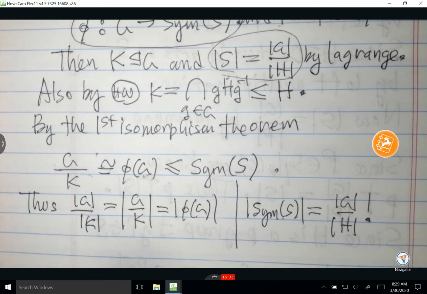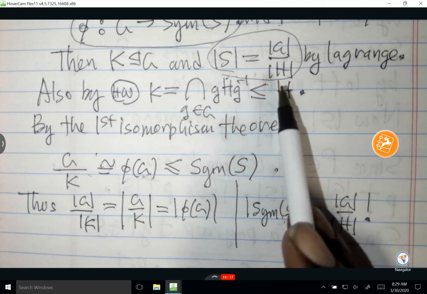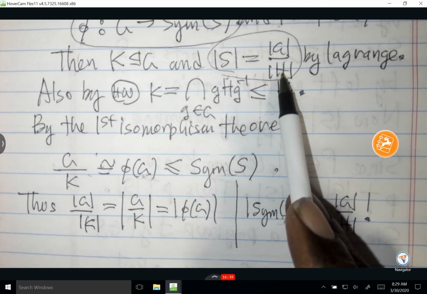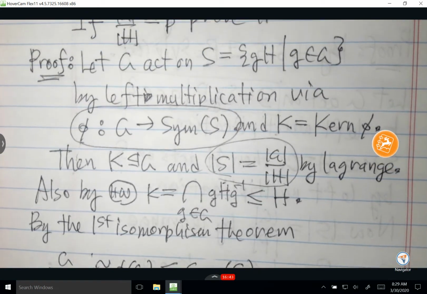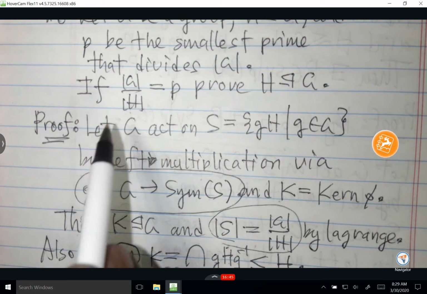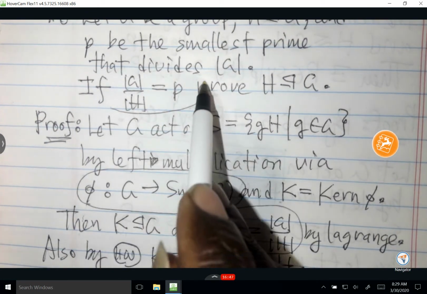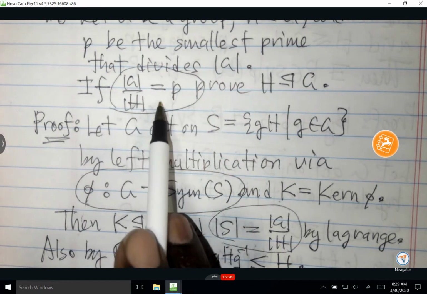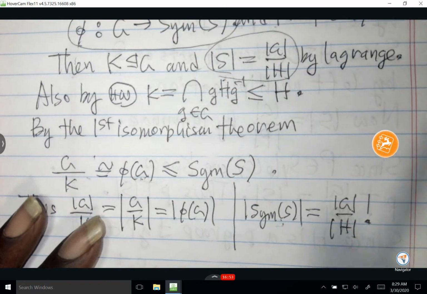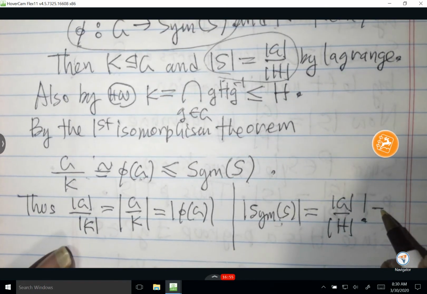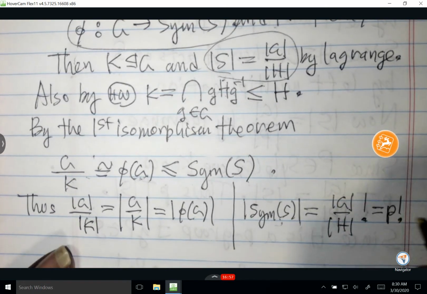Just like the order of Sn has n factorial. The order of Sym S has this number factorial. But by the hypotheses to the problem, this number's P. So going back down here, this is equal to P factorial.